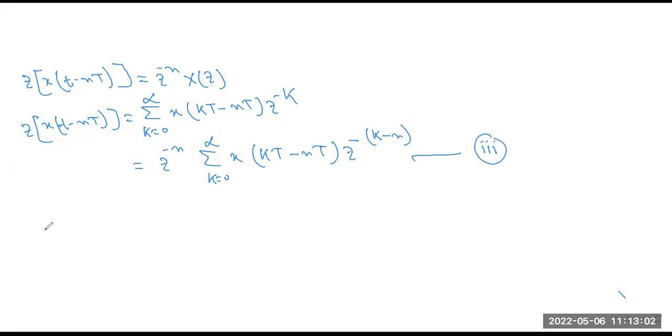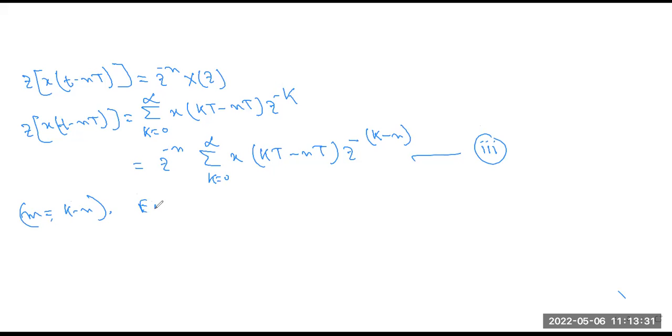Here you have to put m equal to k minus n. When k is equal to 0, that means m is equal to minus n. So you have to put m equal to k minus n into this equation.